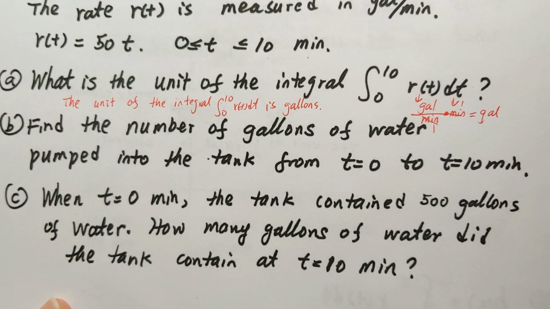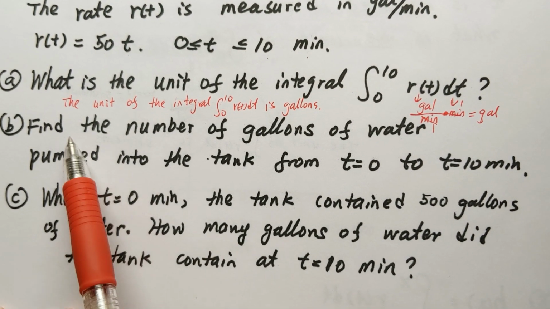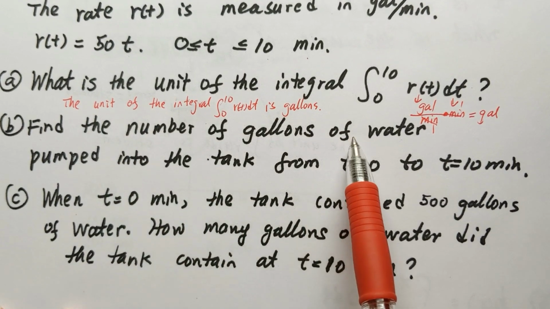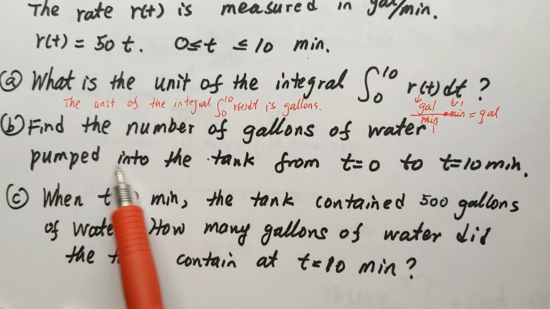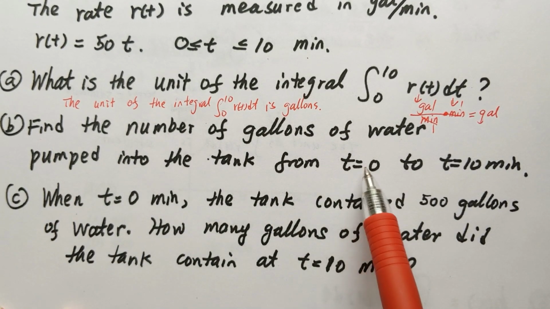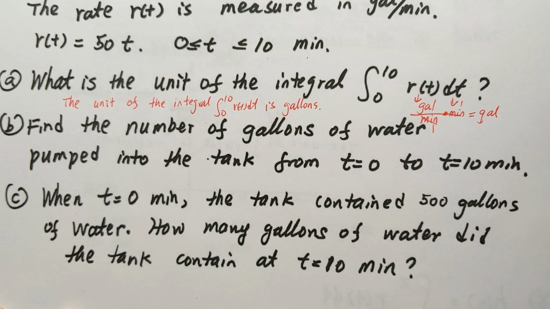Now let's take a look at part B. Find the number of gallons of water pumped into the tank from t equals 0 to t equals 10. Then how do we solve this problem?